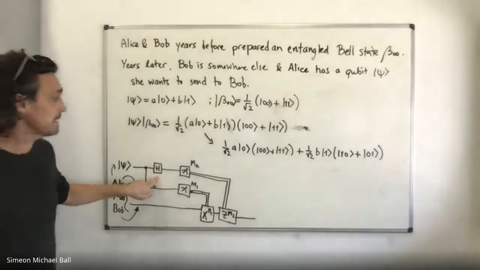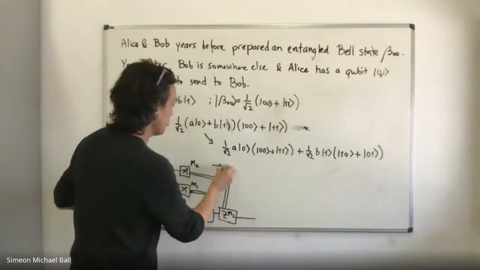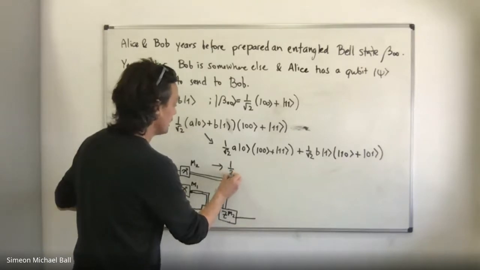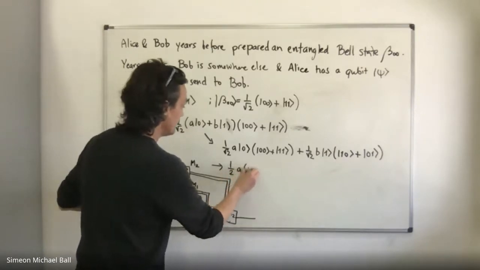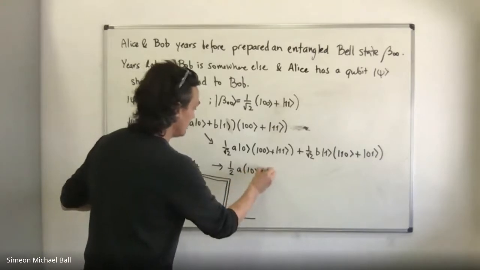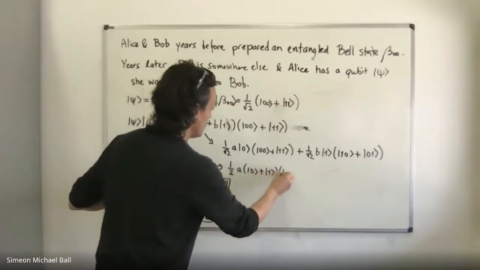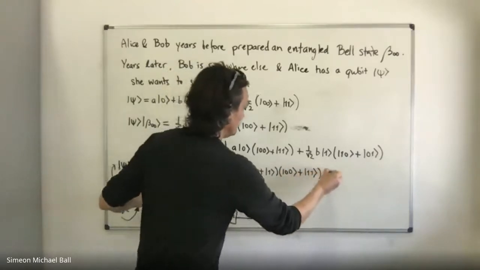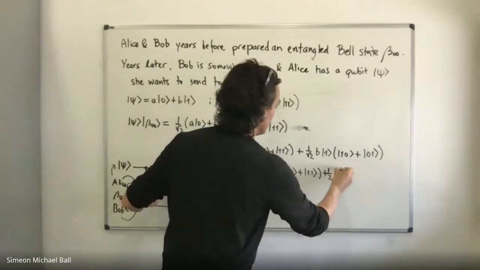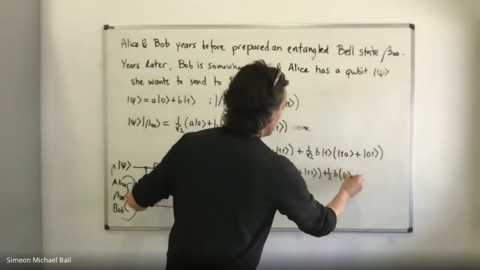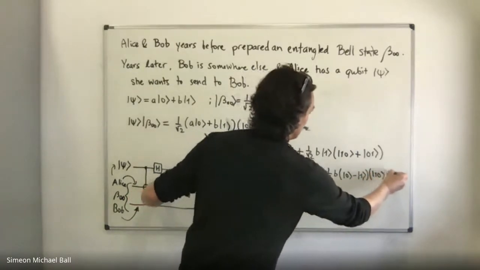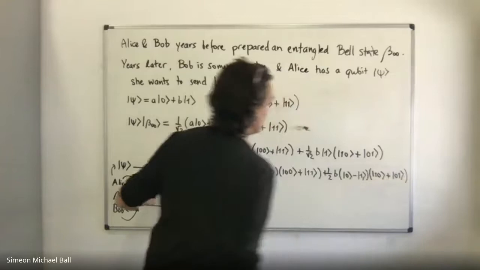Now the first qubit gets hit by a Hadamard, so this is now going to go to 1 over root 2.